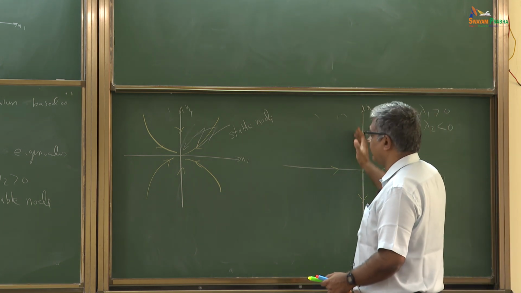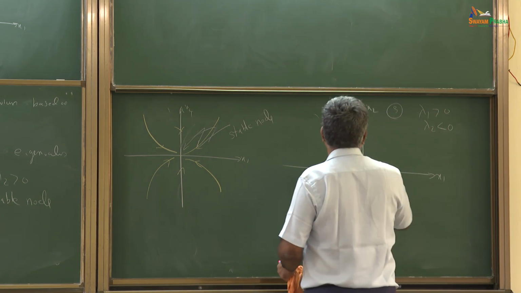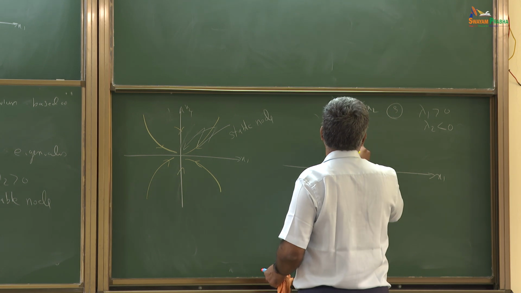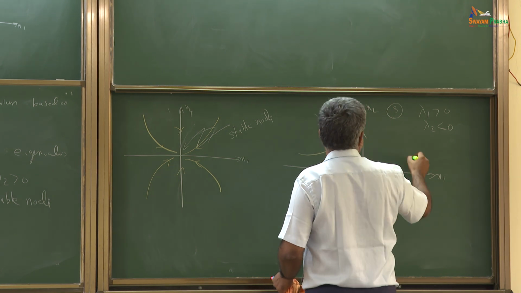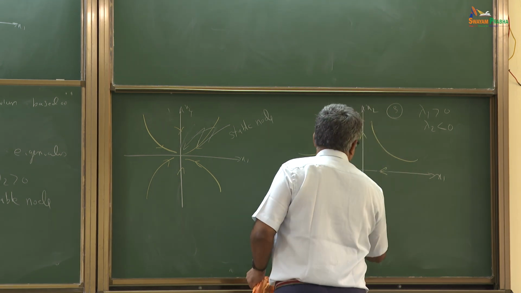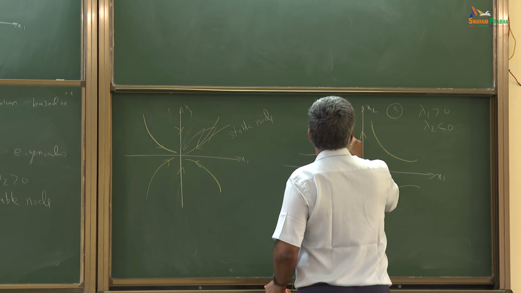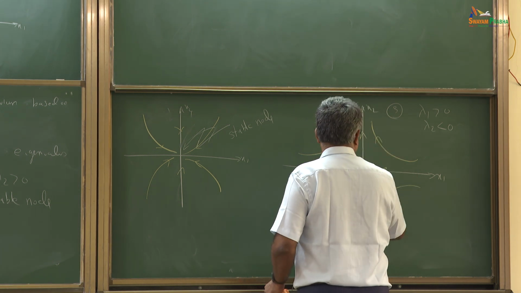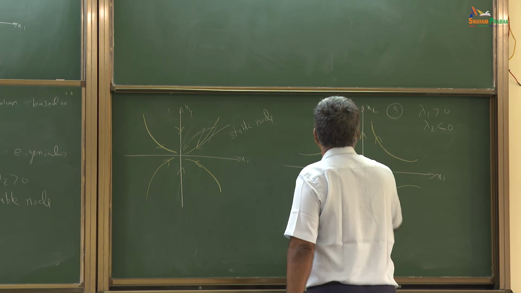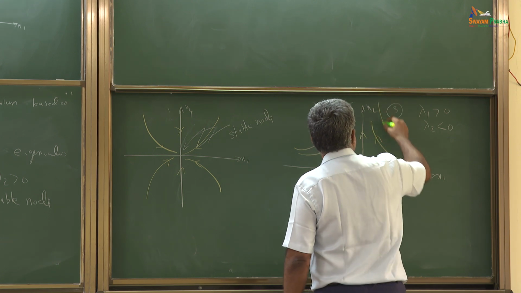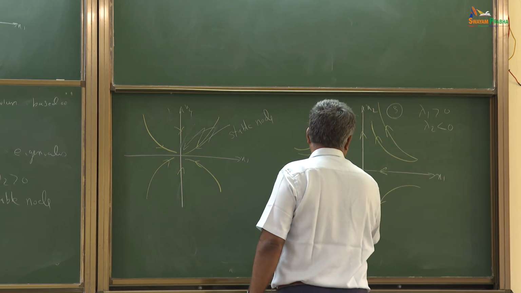What about any other points? Well, the other points would be something like this. They will all escape out to infinity. They will blow up to infinity.